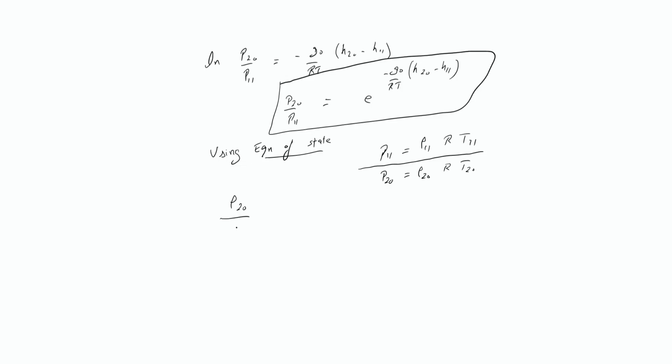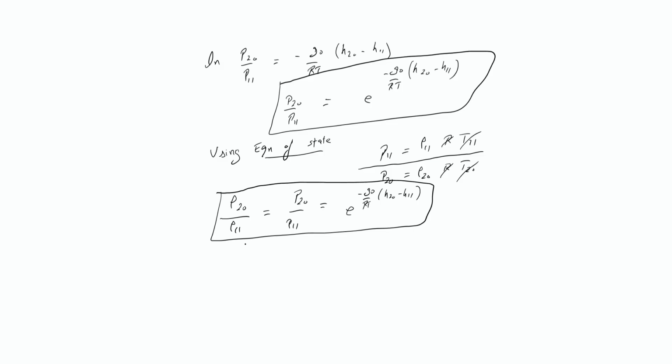This will be the same as P20 upon P11. Why is it the same? Because the temperature at 11 and the temperature at 20 is the same, so that gets cancelled. R also goes. So this is the same expression, e power minus G naught by RT times H20 minus H11. So you get the same expression over here.